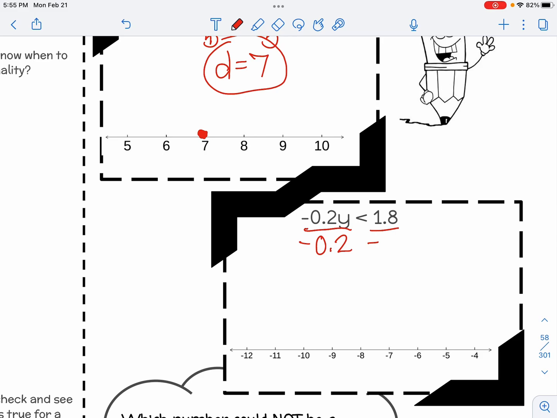Negative 2/10 divided by negative 2/10 is 1. So these cancel out. I get 1y, which is just y. Now I have to flip the inequality sign because I'm dividing by a negative. So this turns into y is greater than negative 9. And that'll be an open circle. And since y is greater than negative 9, I'm going to shade it to the right, and it will go this way.